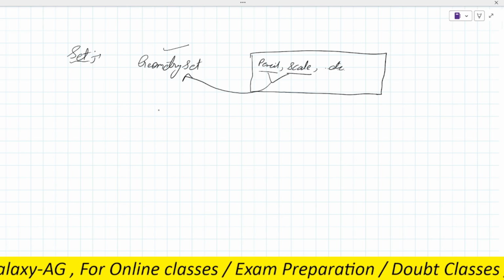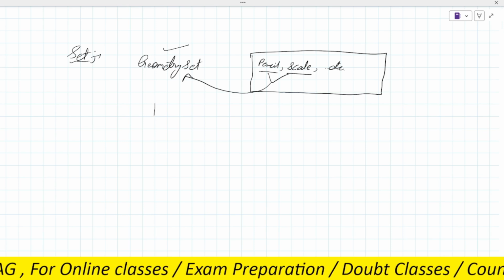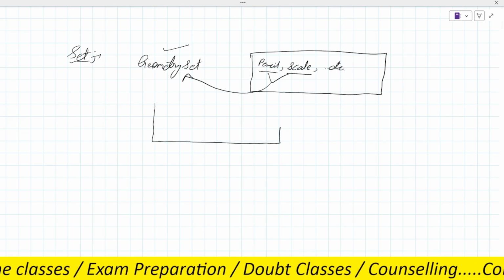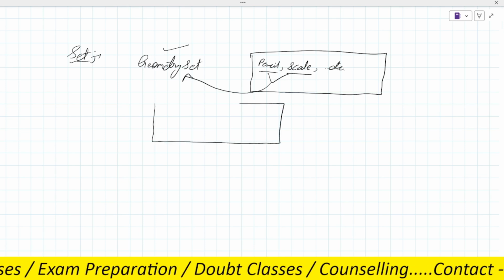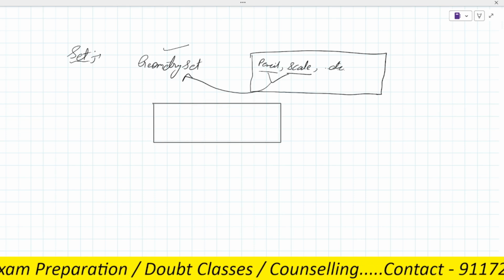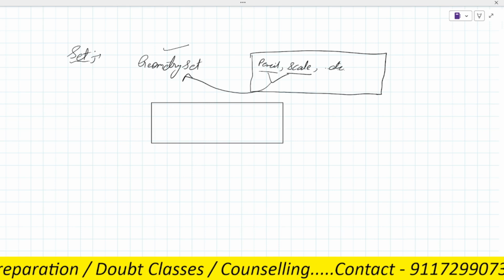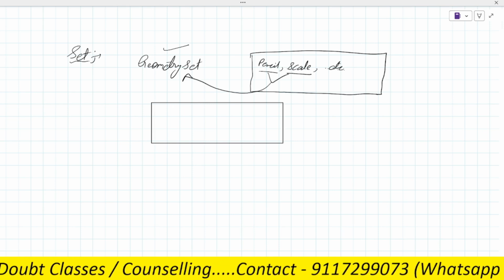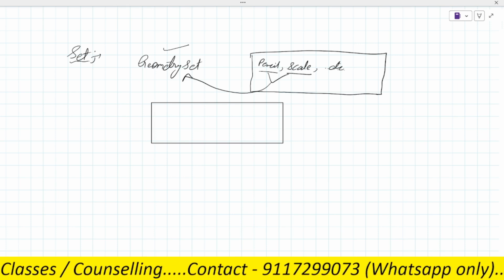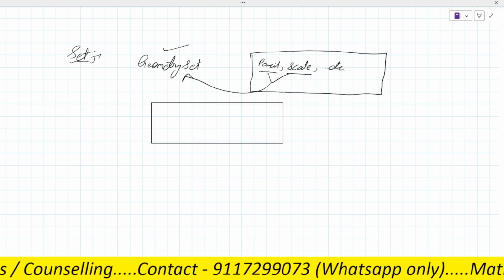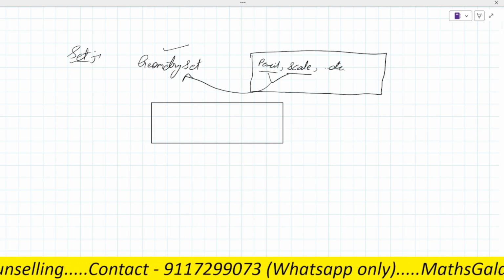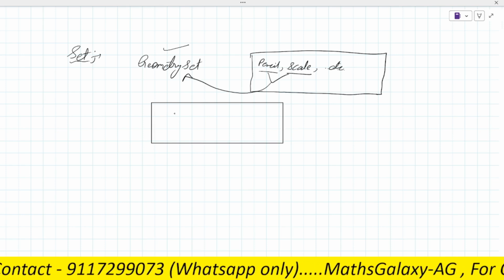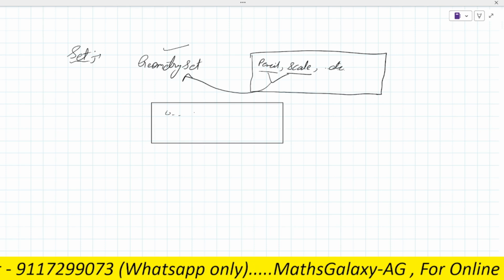Similarly, in the demo class, I have already given the example of a makeup set. A makeup set is also a box which contains makeup equipment, just like cream, powder, blushes, nail paints and other things.